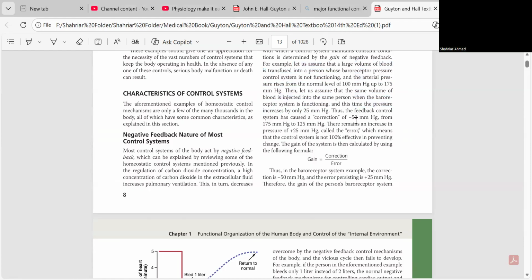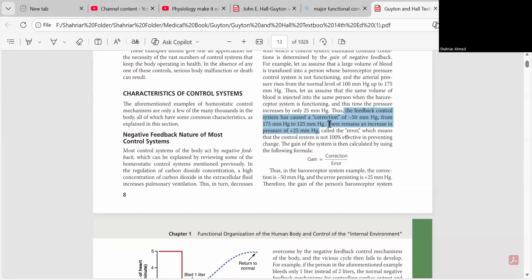The difference is minus 50 millimeter mercury. So the feedback control system has caused a correction of minus 50 millimeter mercury, from 175 to 125. There remains an increase in pressure of plus 25 millimeter mercury. After correction, only 25 millimeter mercury blood pressure has increased in the person whose baroreceptor is functioning.